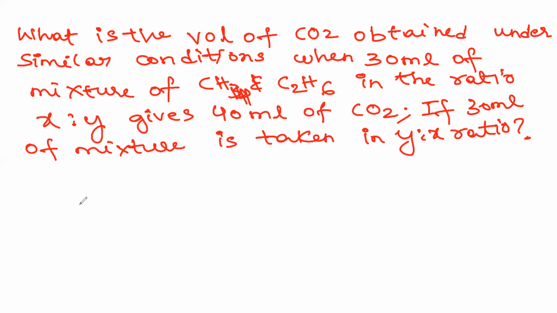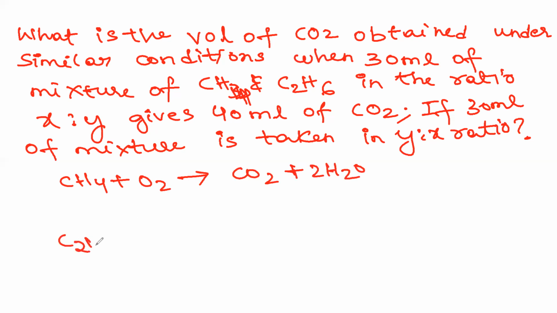For this case, we have to write the two equations, that is methane and ethane on burning. First CH4 plus O2 gives rise to CO2 plus 2H2O. Next ethane, C2H6 plus 7/2 O2 gives rise to 2CO2 plus 3H2O.